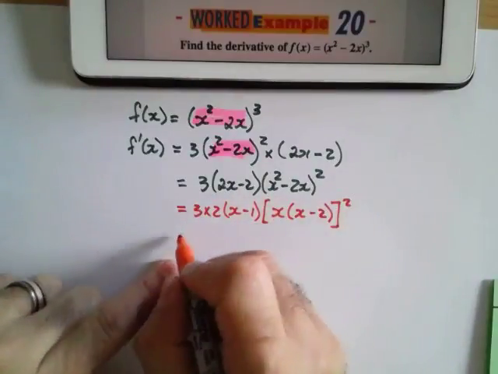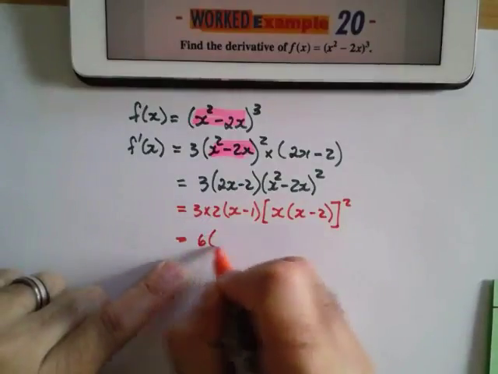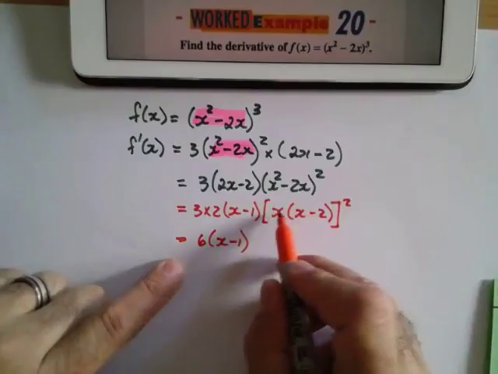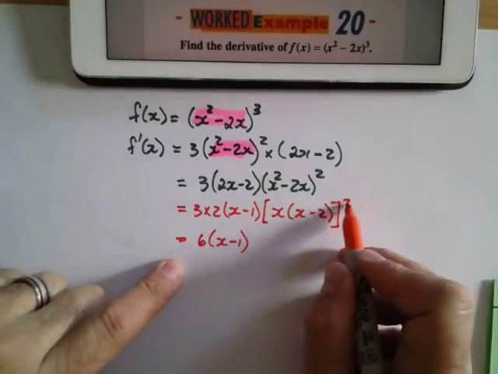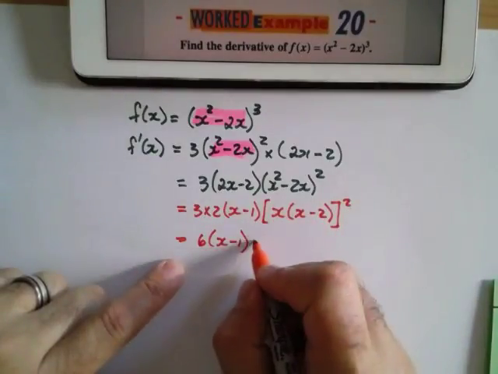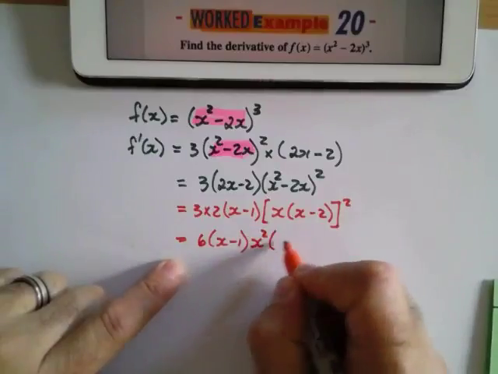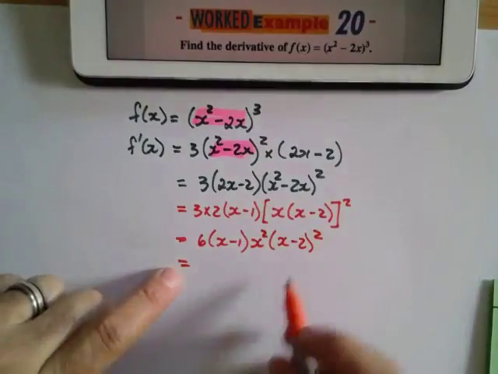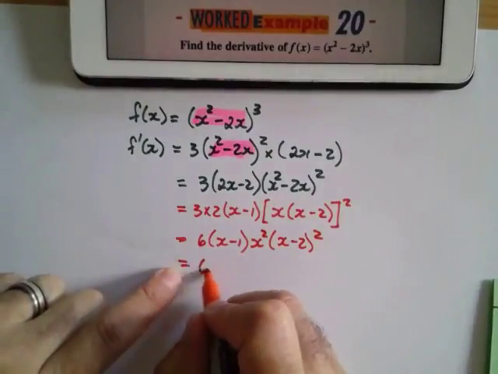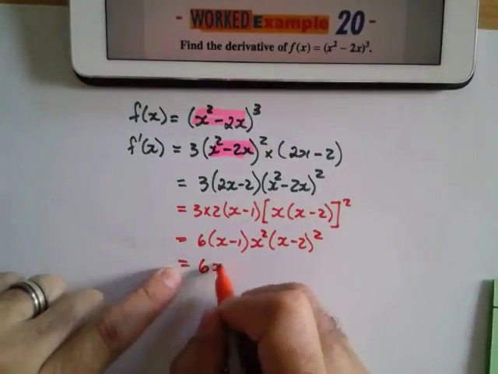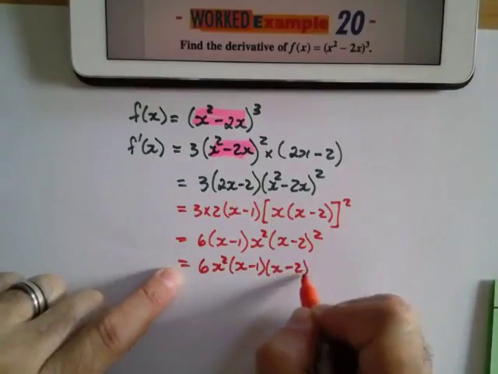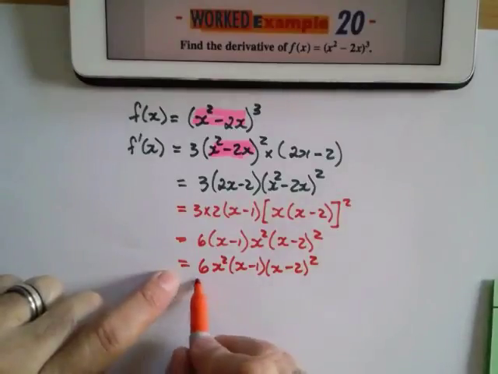Now, 3 times 2 is 6, (x minus 1), and then this is x times (x minus 2), everything squared, which gives us x squared times (x minus 2) squared. If I rearrange that, the x squared can go to the front. I have 6x squared (x minus 1)(x minus 2) squared.